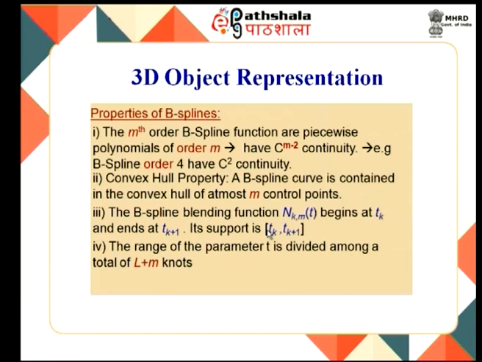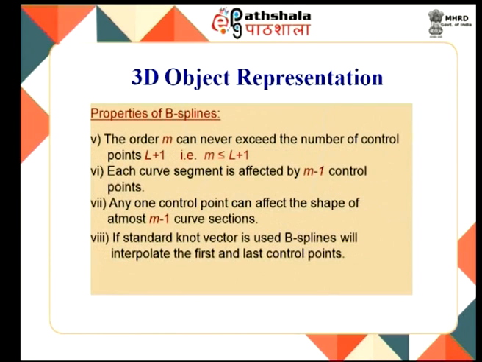So, its support is t k. Support here is the interval in which the function is non-zero. The range of the parameter t is divided among a total of L plus m knots. Here the number of knots can be calculated as L plus m.